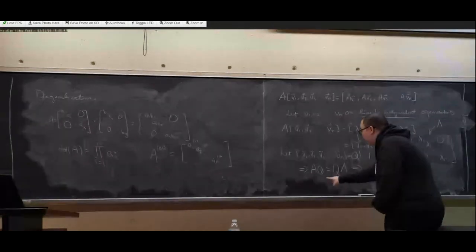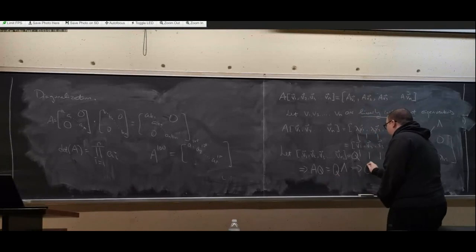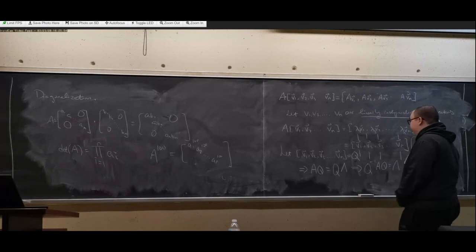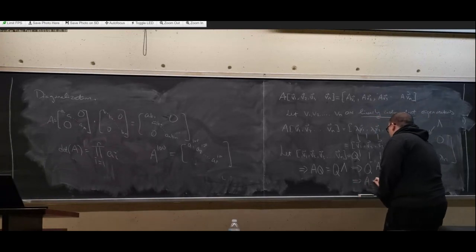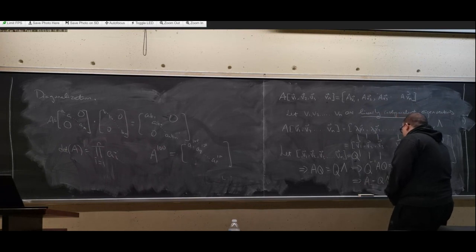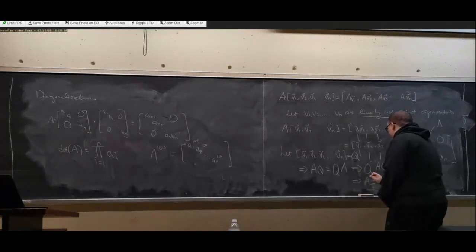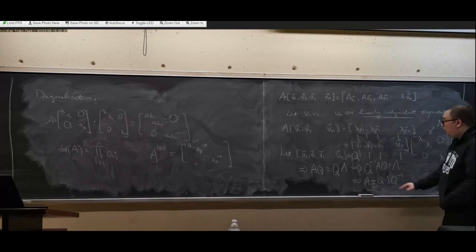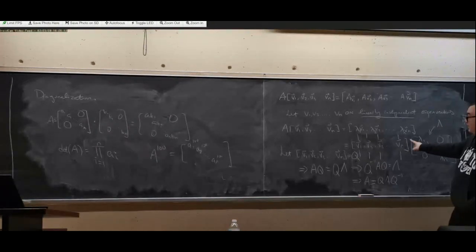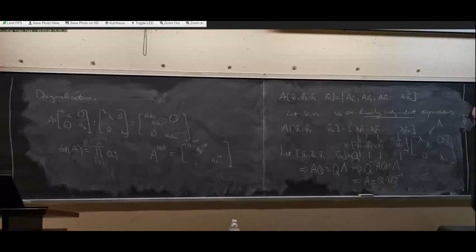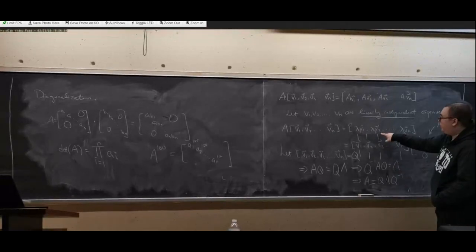If I multiply both sides by Q inverse, I get Q inverse A Q equals lambda, or A equals Q lambda Q inverse, where Q are all of the eigenvectors, and lambda is all of the eigenvalues ordered such that lambda 1 corresponds to vector 1, lambda 2 corresponds to vector 2, and so on.